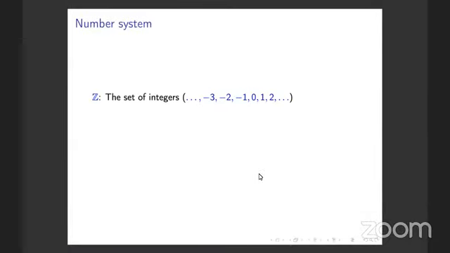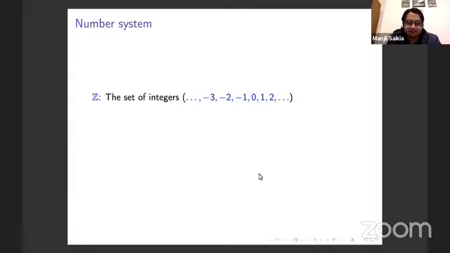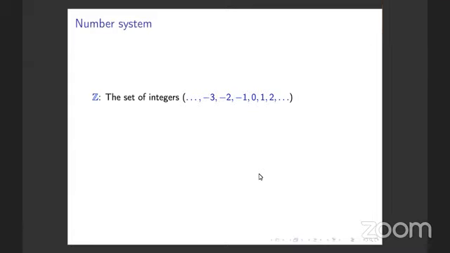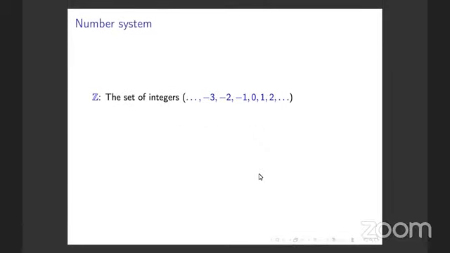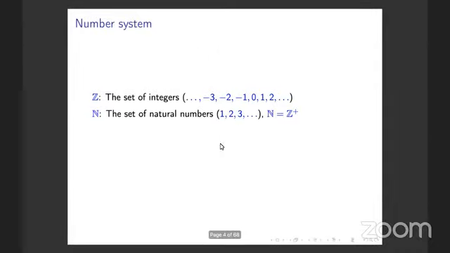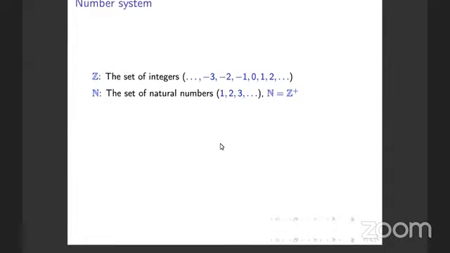Z, these are the set of integers. These consist of both negative integers as well as positive, 0 included. So it goes from minus infinity to plus infinity. These are the numbers -5, -4, -3, and so on, all the way up to 0, 1, 2, 3, and so on. Next is the set of natural numbers, which I'll denote by N. It's also the same as the positive integers, so N is also Z plus.